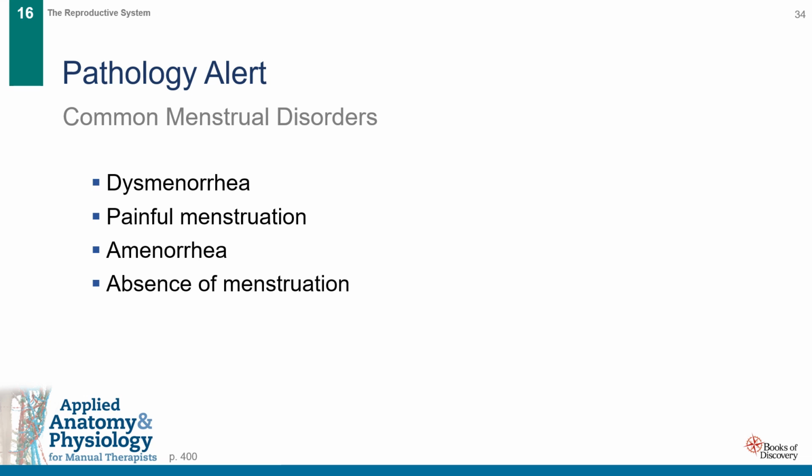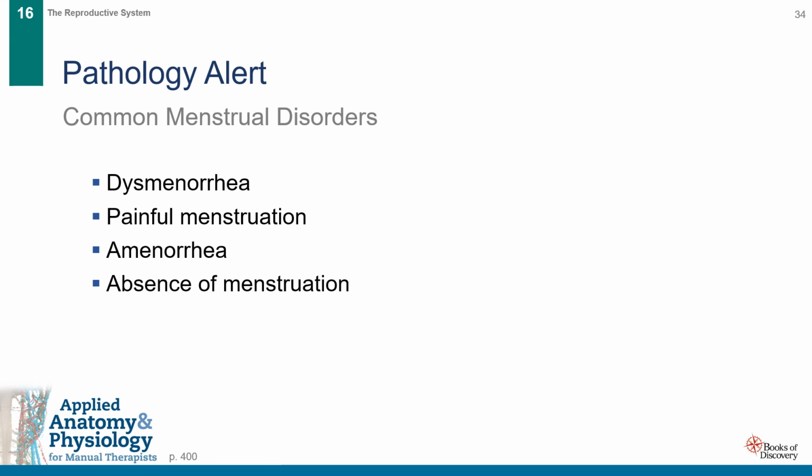Dysmenorrhea is characterized by deep acting pain in the abdominal and lower back and/or sharp pain and cramping in the abdominal pelvic region. Commonly associated symptoms include gastrointestinal disturbances such as nausea, vomiting, diarrhea or constipation, and headaches.